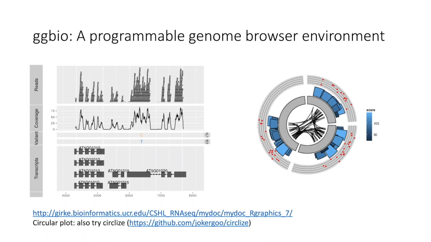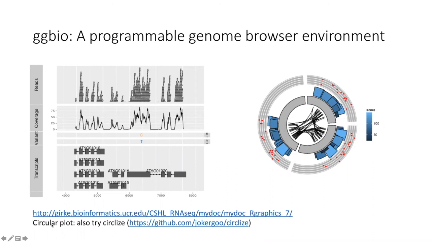There's some specific genome-type plotting you can use from ggBio. I won't talk about this in detail. Frankly, I didn't use it a lot. I still mostly use IGV, but you can use this link to check how to use ggBio in your workflow.